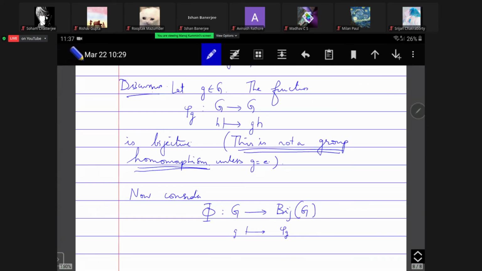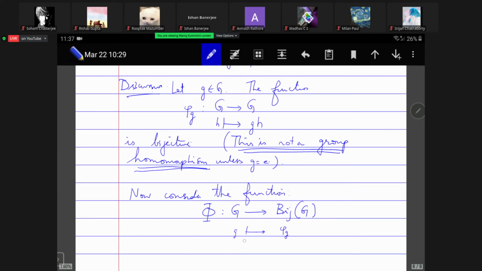Let us now consider the function phi_g, which takes an element h to g times h. This is a bijective function from G to G. So phi_g is an element of Bij(G).